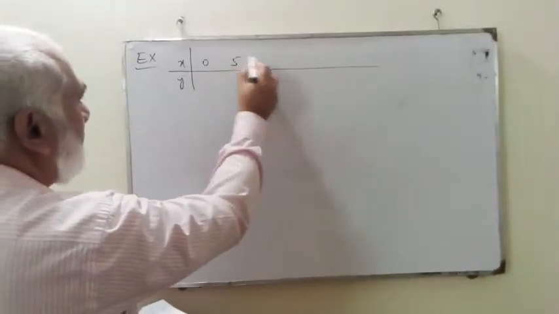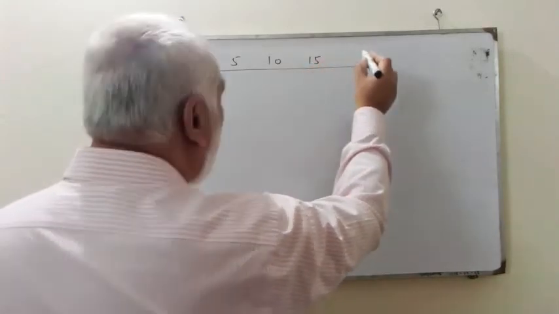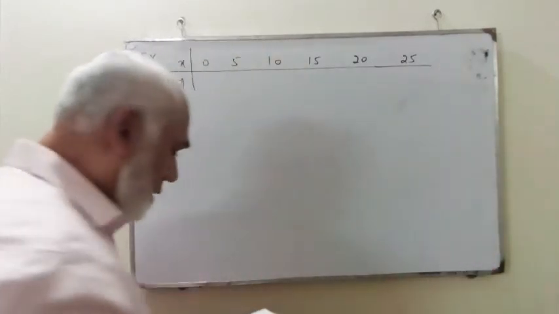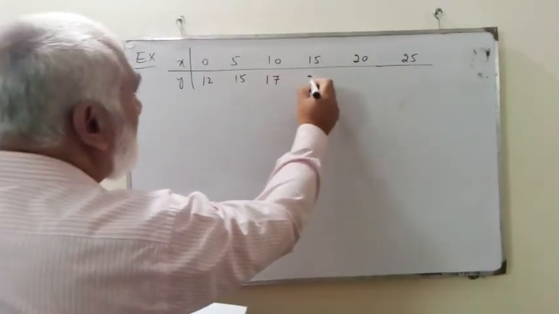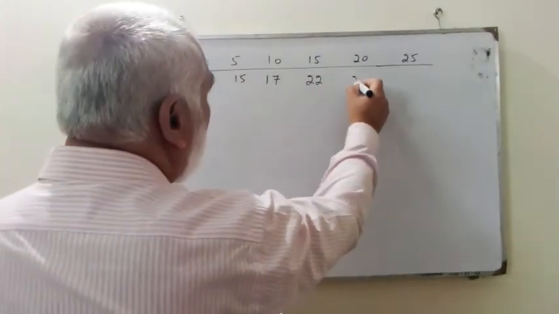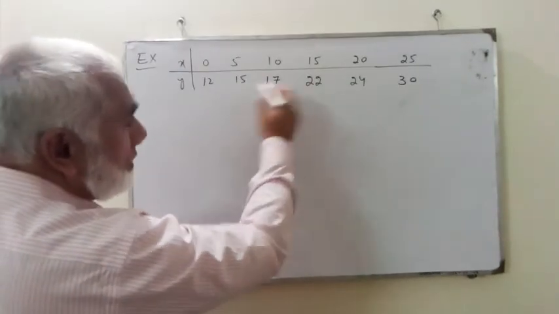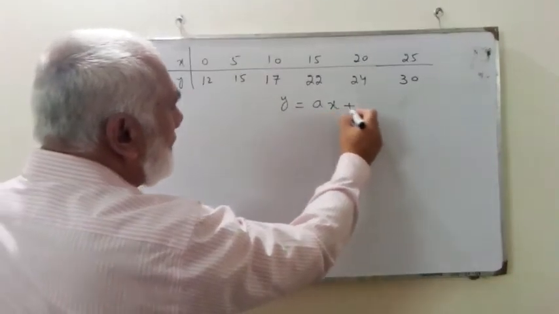The values of x are 0, 5, 10, 15, 20, and 25. The corresponding values of y are 12, 15, 17, 22, 24, and 30. And the required curve which we have to pass through the given set of points is the straight line, y equals ax plus b.